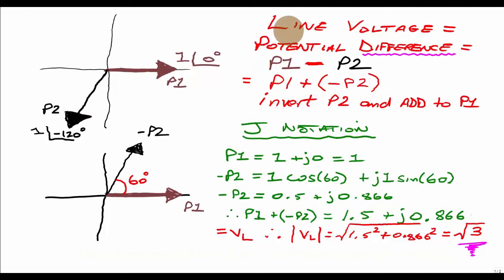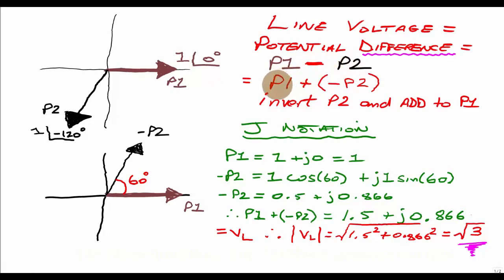That's what a line voltage is. A line voltage is a potential difference, and I underline the word difference because that's really important in being able to determine this root 3 figure. A difference means phase 1 take away phase 2. So we're trying to somehow invert phase 2. The maths must say P1 minus P2.